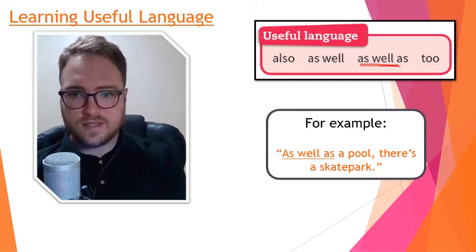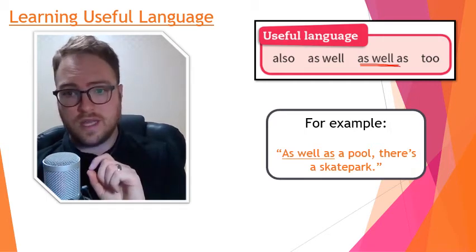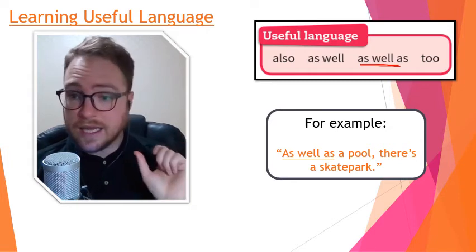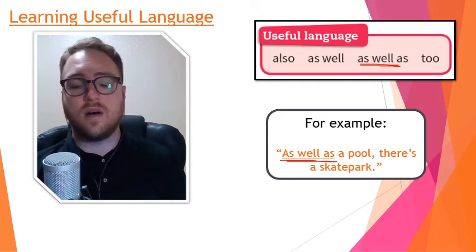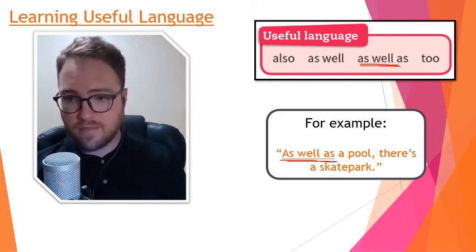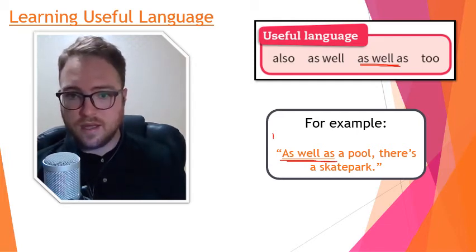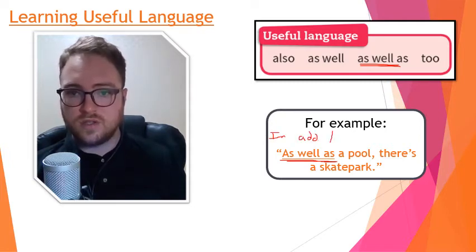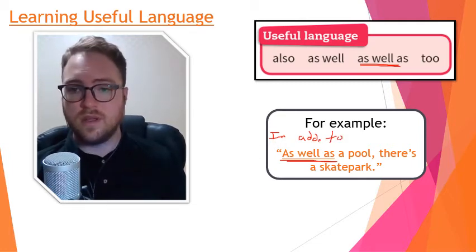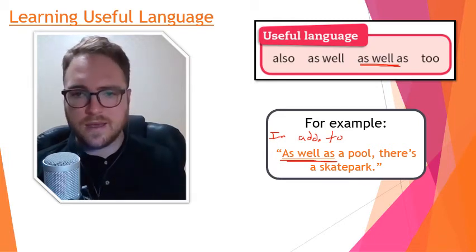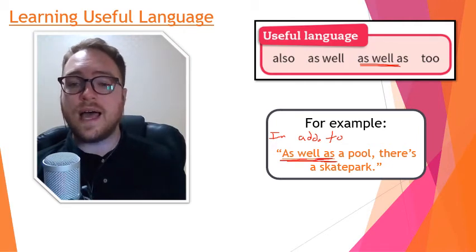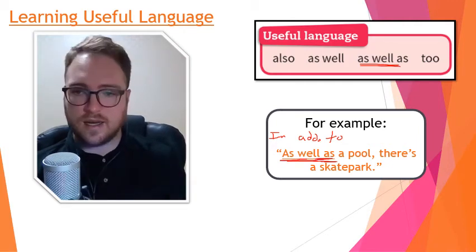Well, for example, it goes usually at the beginning of a sentence. Okay, you can see here we have "as well as a pool, there's a skate park." Okay, remember it means "in addition to". So you can say "in addition to a pool, there's a skate park." Or in more normal speaking, we would say "as well as a pool, there's a skate park."